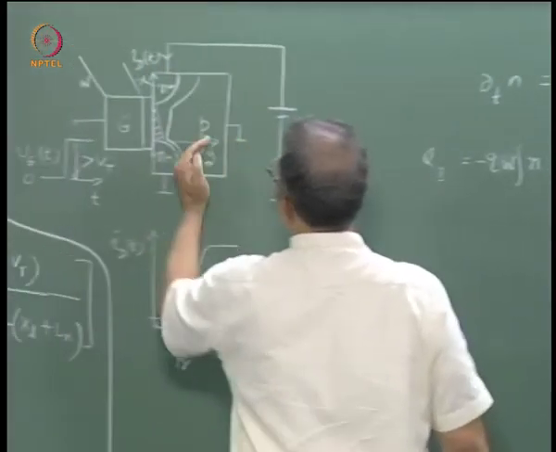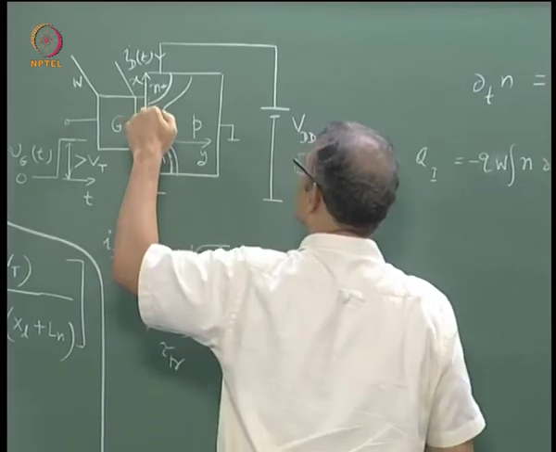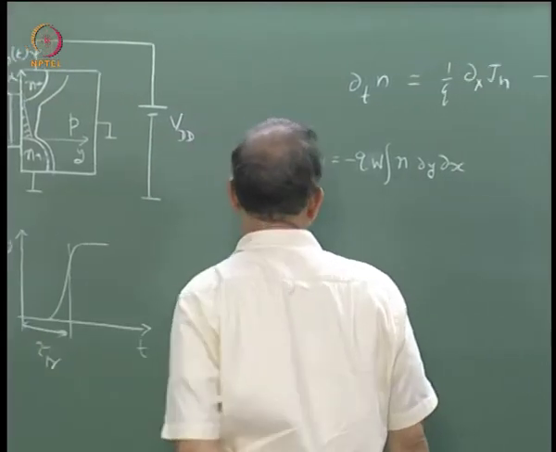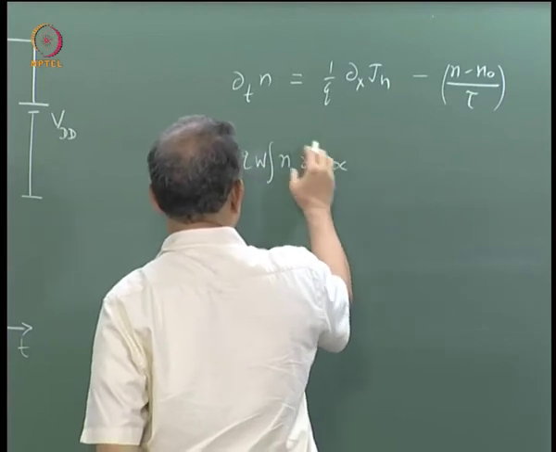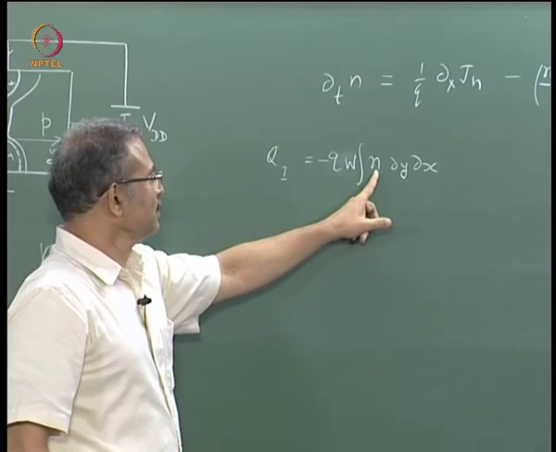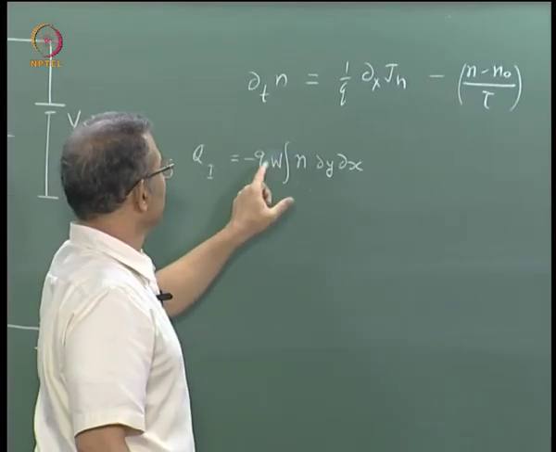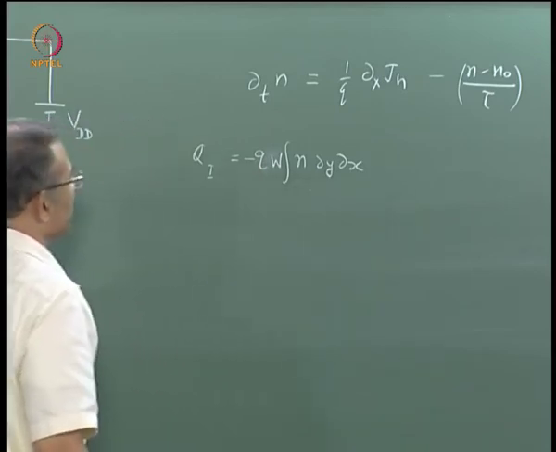So you integrate in this direction, integrate in this direction, and take into account the fact that there is a W in the direction perpendicular to the board. So you get a volume W dy dx. Multiply the volume by the charge concentration, you get the number multiplied by charge, which is minus q because it is electrons. So that is really your Qi.